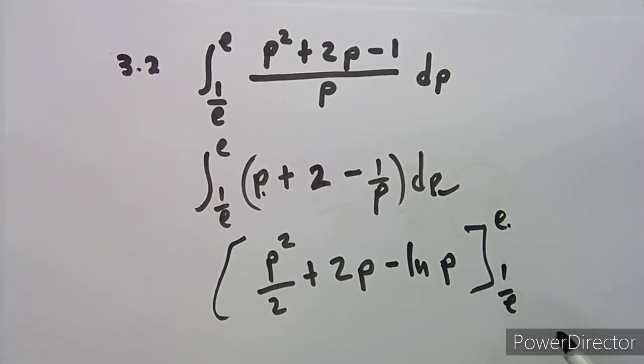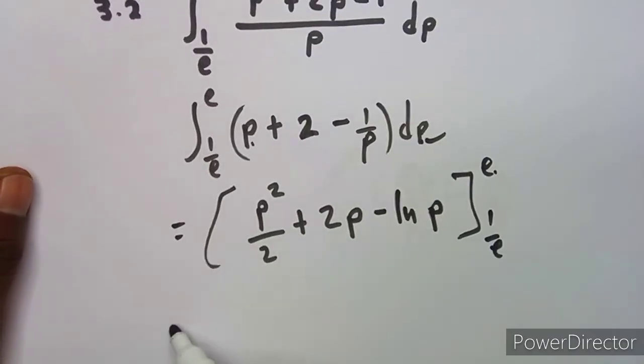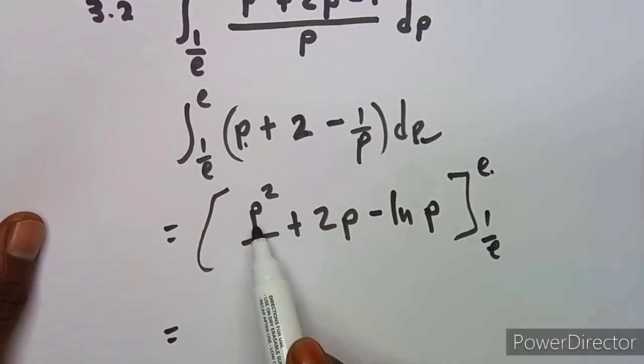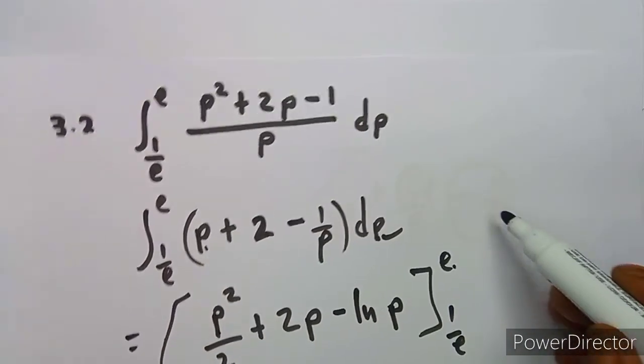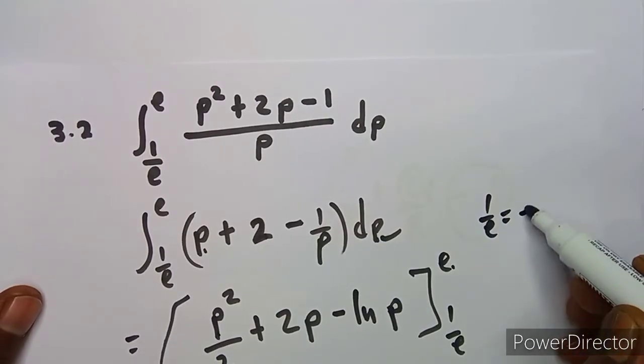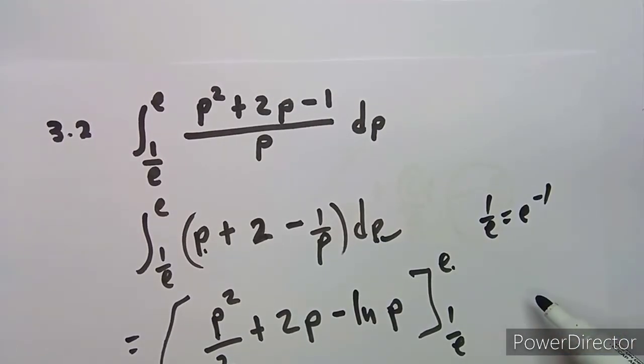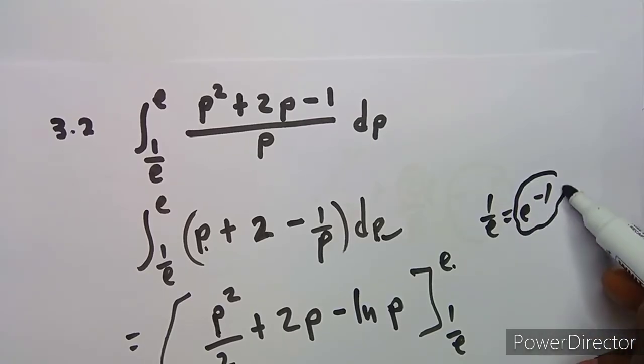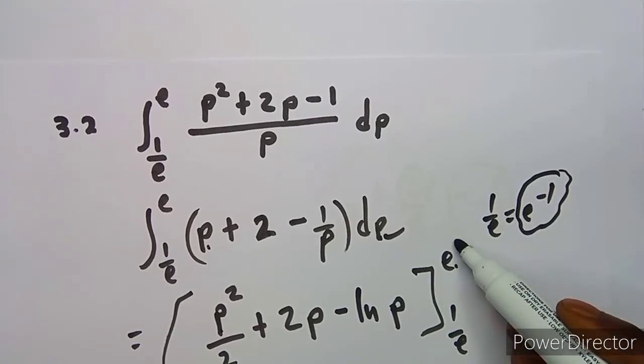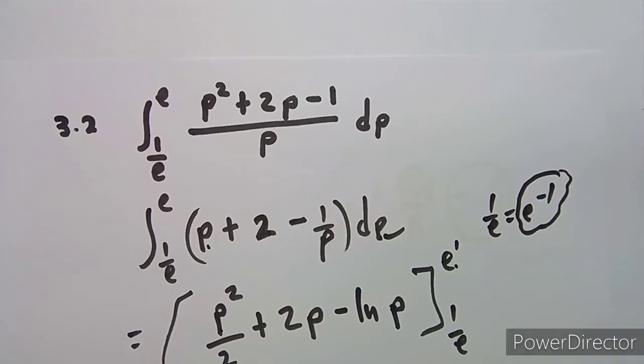So this e is there on your calculator, from the Neperian on your calculator there. So it means you have to substitute in terms of p, and also take note, guys, 1 over e is the same as e to the exponent of what? Of negative 1, so that at least it can be easier for us. And e is just the same as e to the exponent of 1.